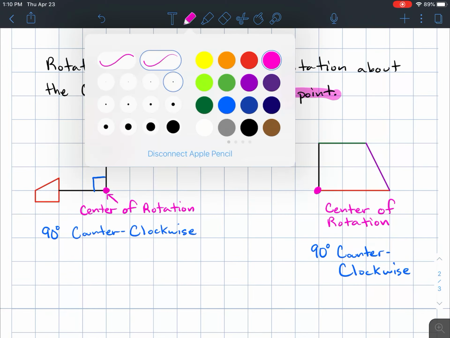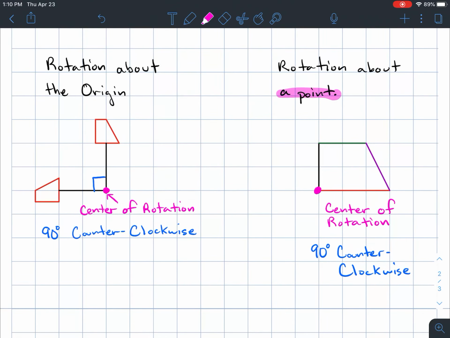This black line here is pointing straight up, right? If I want to make that into a 90-degree rotation, then I need to rotate it 90 degrees counterclockwise, so a quarter turn to the left. So that means that black line is going to end up being here.